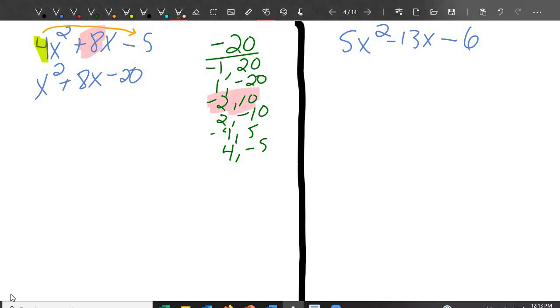These two give me the positive 8, so we're going to factor that and put a minus 2 in one and a 10 in the other. Now we're going to take the original number we slid and divide it into both of these numbers. That's the original number.